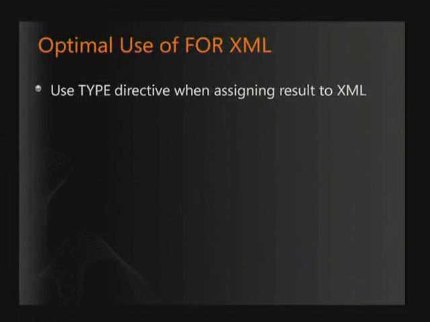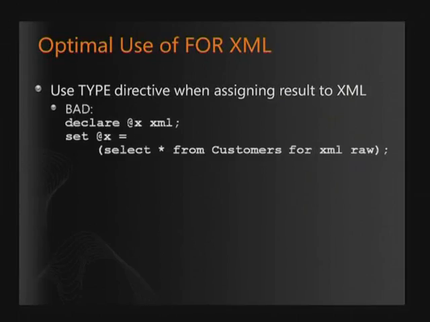Now another thing that is about xQuery without using secondary indices. FOR XML has a new TYPE directive in SQL Server 2005. That type directive creates automatic XML data type instances. So we should not do the following. I declare a variable as XML. I say set @x equals select from customers for XML something or other without the type directive.